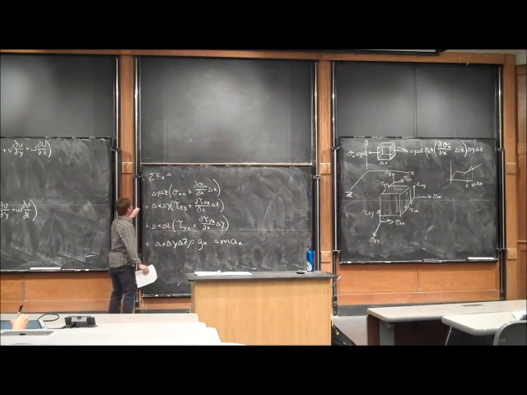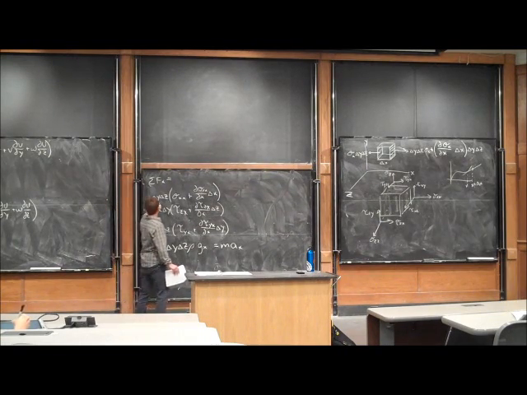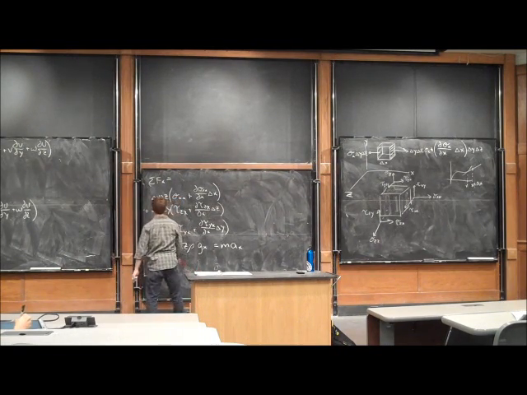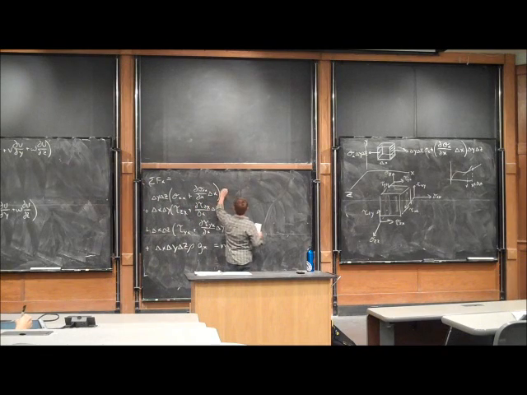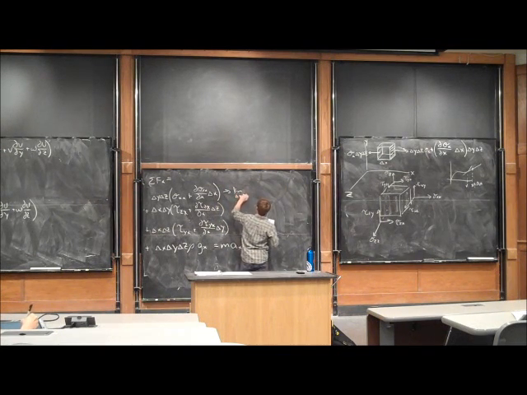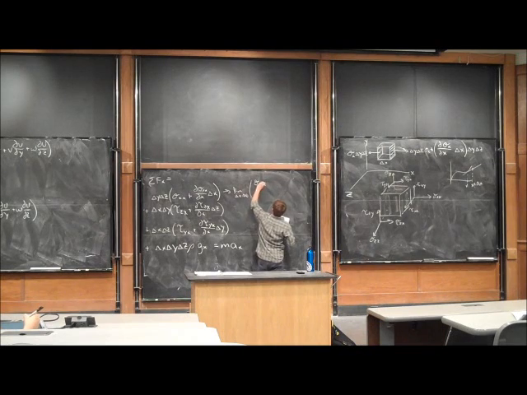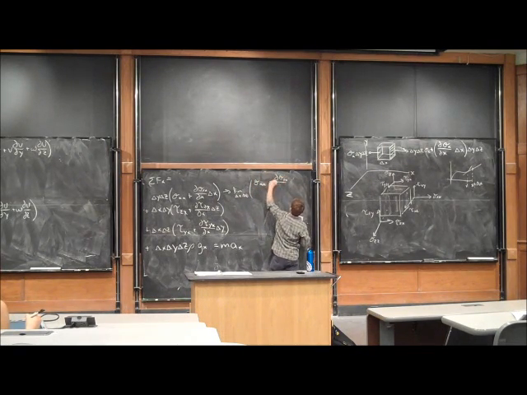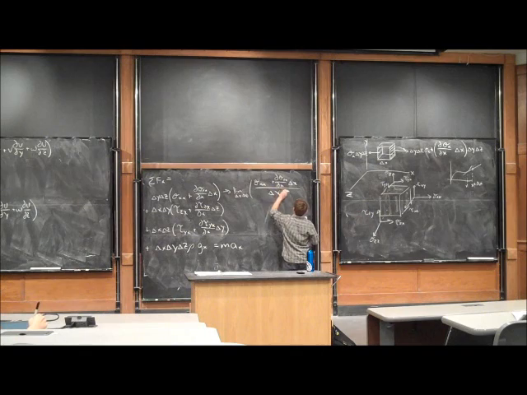If we divide just this value by the entire volume element, I end up getting the limit as delta x goes to 0 of sigma xx plus del sigma xx del x times delta x, over delta x.